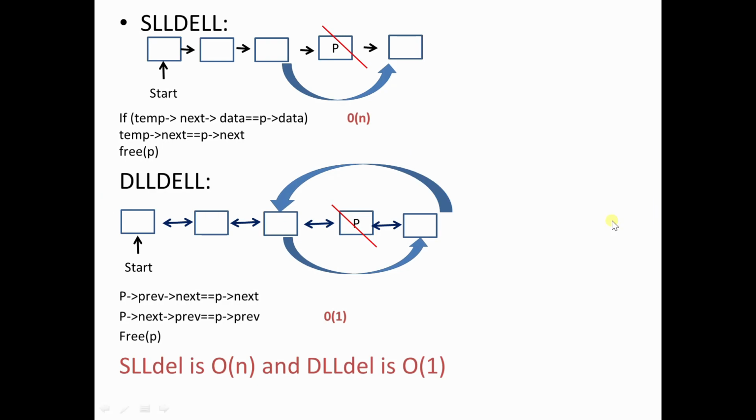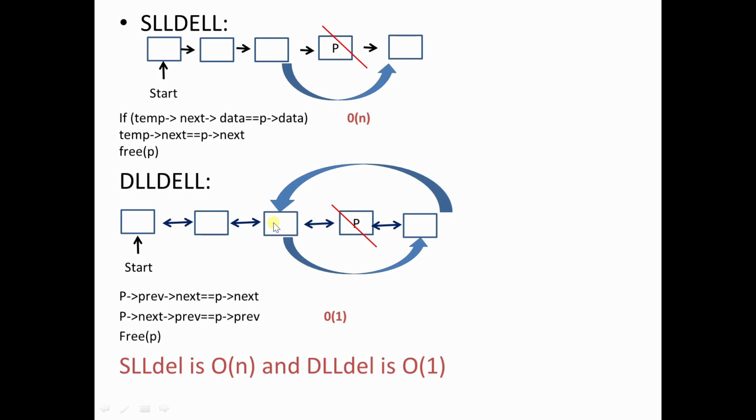Then we come to P, find its next node, which is pointed by its pointer, and move to the next node of P. We change its previous pointer, which points to the previous node, as P previous, and then we delete P. So P previous next is changed to P next, P next previous is changed to P previous, and then we delete P. This is the action that takes place for the double linked list delete function.